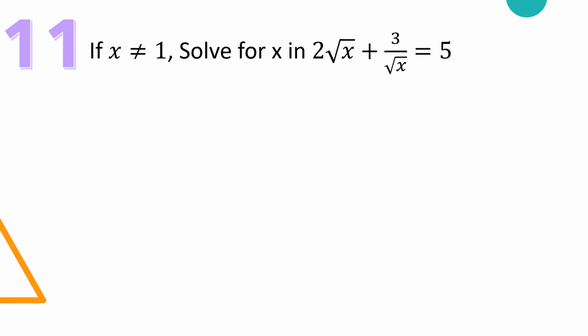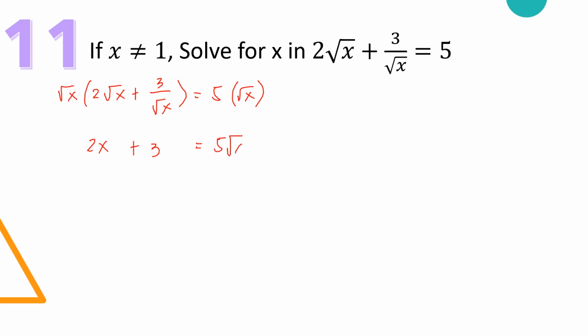Number 11. If x is not equal to 1, solve for x in 2x plus 3 over square root of x equals 5. Multiplying all terms of this equation by square root of x, we'll have 2x plus 3 equals 5 square root of x.